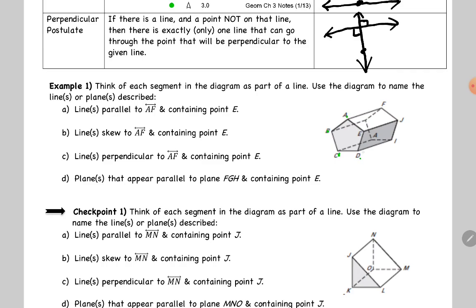A, B, C, D, E, F. Oh, okay, I'm guessing that this is supposed to be G, that corner there, and then this extra A is supposed to be H. E, F, G, H, I, J, okay. So FGH containing point E. If we're looking at the plane FGH, we're looking at this plane here.